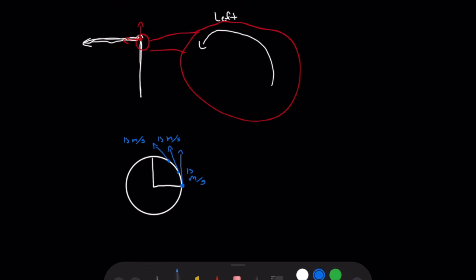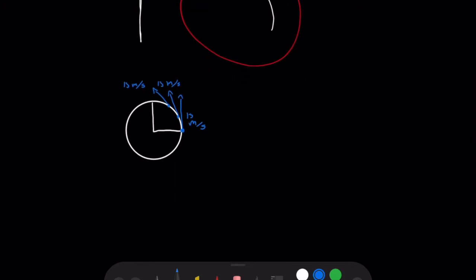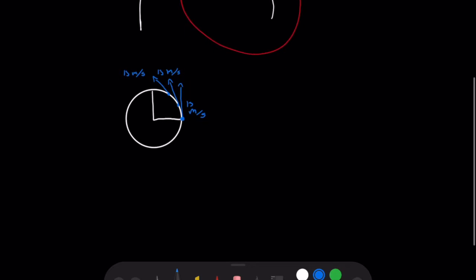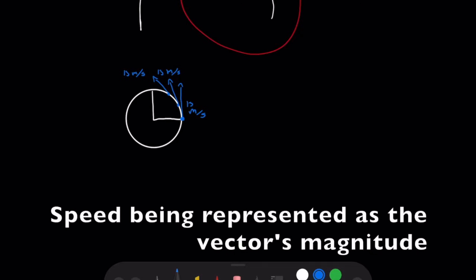And so we know that in order for there to be a change in our direction, there has to be some sort of external force acting on it. So in this case, its speed remains constant, but its direction is changing.